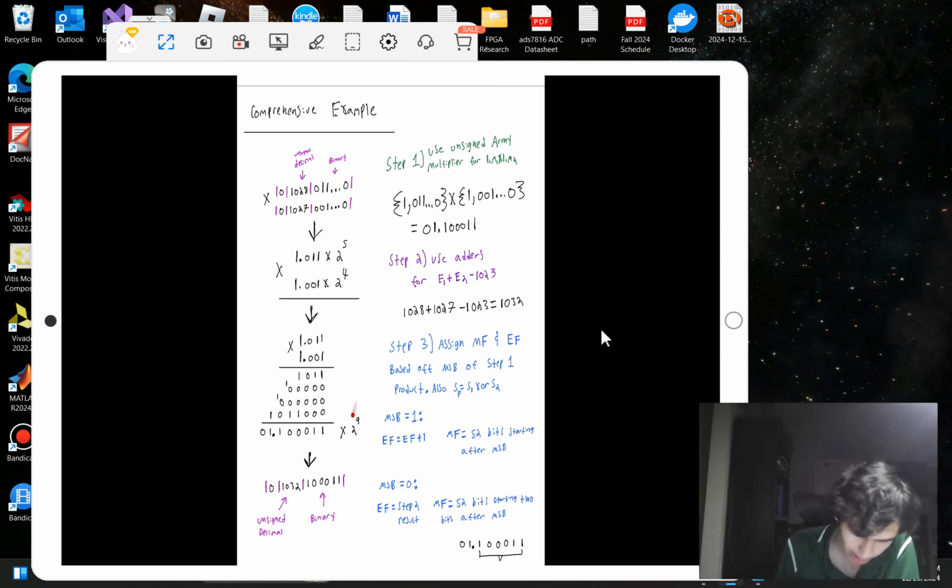And we don't actually want 9, we want 1032, because each of the actual value is actually stored with 1023 higher. So using this formula, we take E1 plus E2 minus 1023, you get 1032. So 1032 is what 9 should be. So after doing steps 1 and 2, we determine that this right here is the value.